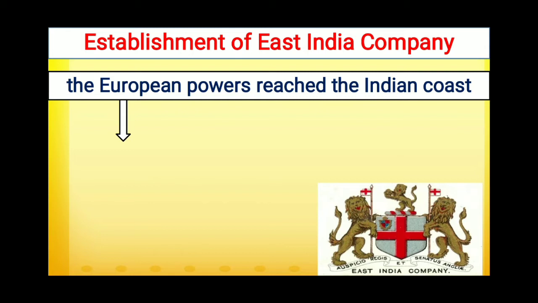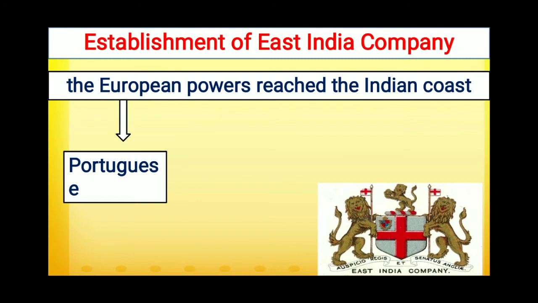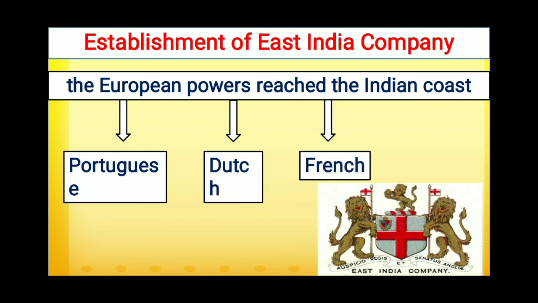Among the European powers, Portuguese, Dutch, French, and British entered the race for capturing the Indian market. So the purpose or the objective behind entering the Indian coast was to capture the Indian market.